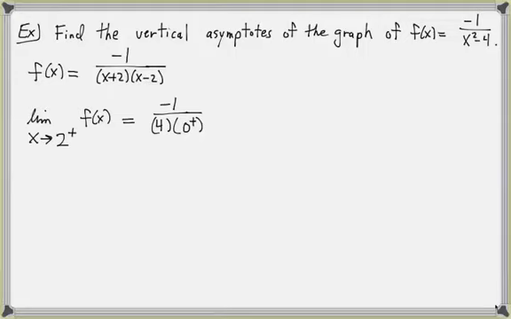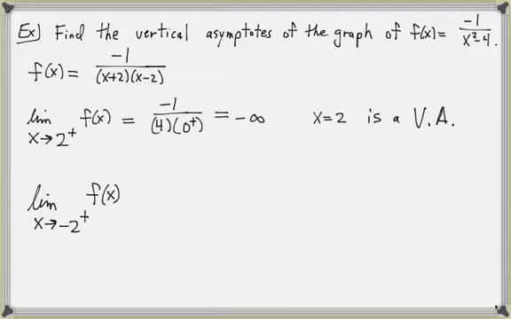So the numerator is approaching negative 1, the denominator is approaching 0, but positively. So we would say the limit is negative infinity. This verifies the fact that the line x equals 2 is a vertical asymptote of this graph.